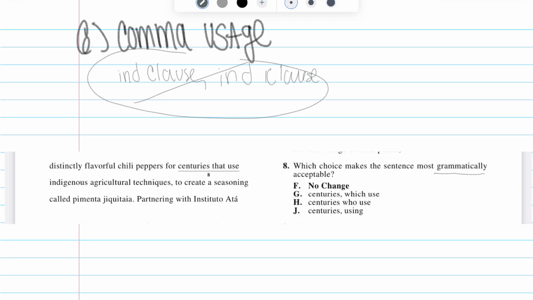With H, centuries, who use, that one is not quite right. And then on this one right here, your most unique one is centuries, using indigenous agricultural techniques to create seasoning. So a couple of things with that one.